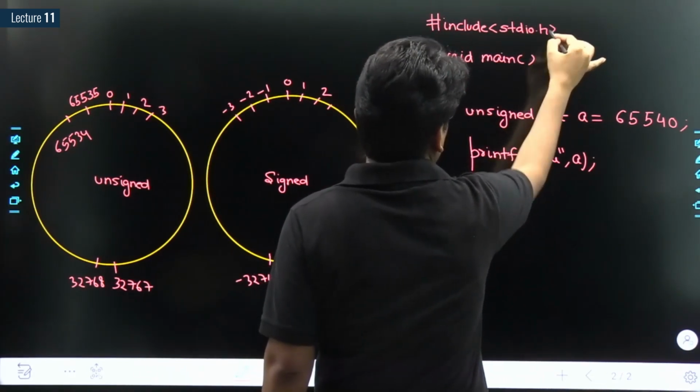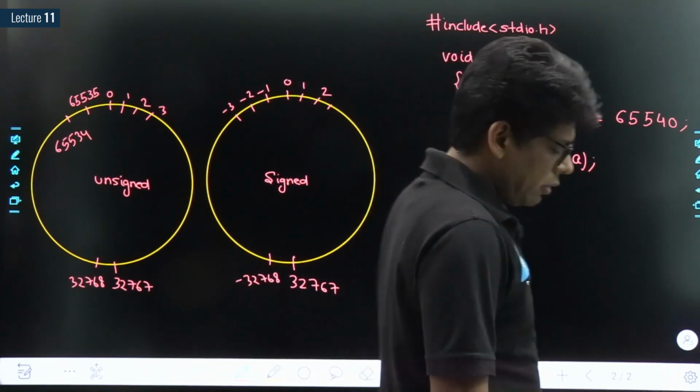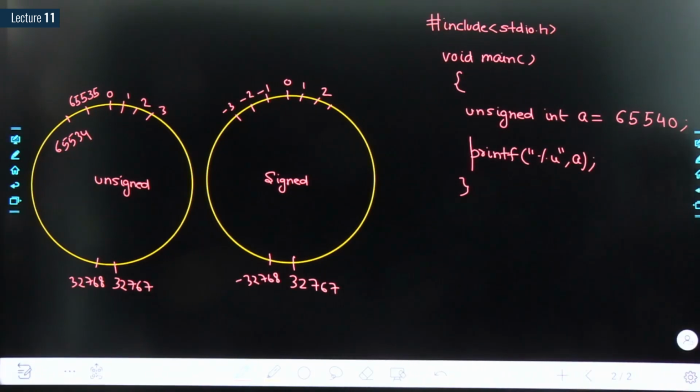Think for a moment, think for 10 to 20 seconds and try to figure out the answer by yourself. Otherwise, I am going to solve it for sure.